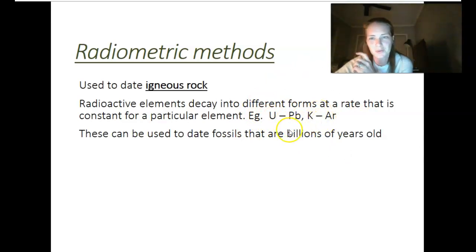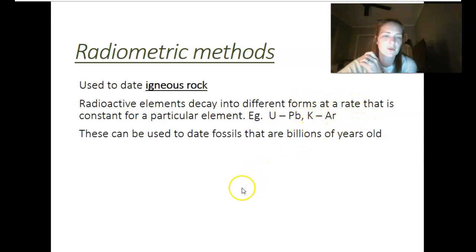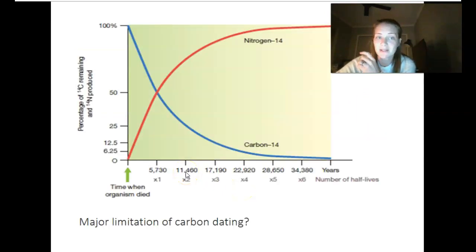So any fossil that is found, we can use one of the other radiometric techniques to estimate the age of it. Okay, drawbacks, and you would be given data similar to this, the relative breakdown based on how much of the sample is remaining, and that would equate to a number of years.